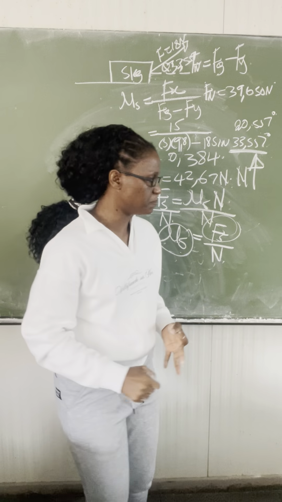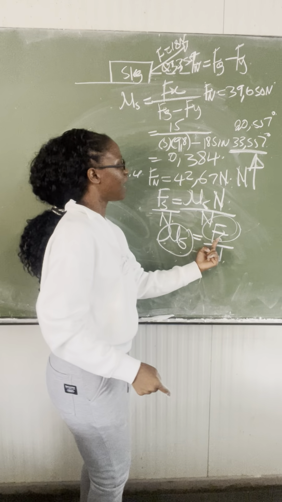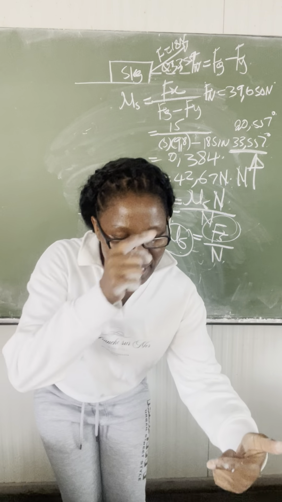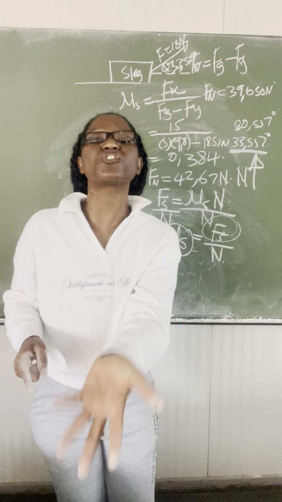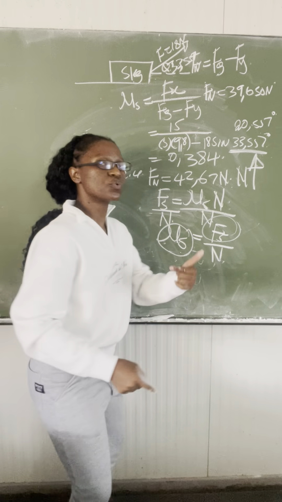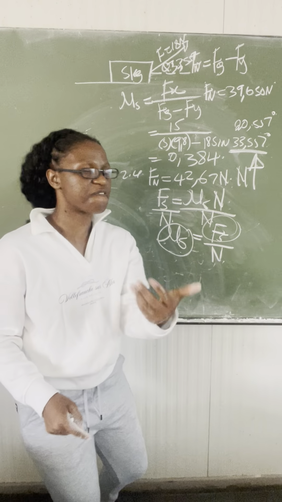Tick number 3, as the normal force increases, it will result in an increase in the static frictional force, or the maximum static friction. As the normal force increases, it will result in an increase in the maximum static friction.